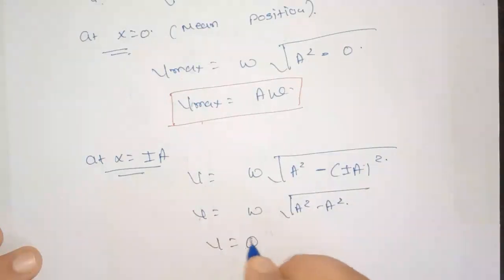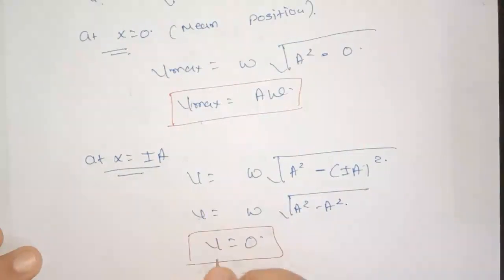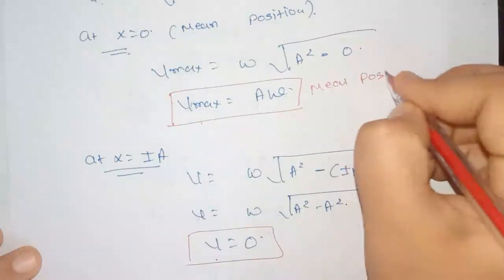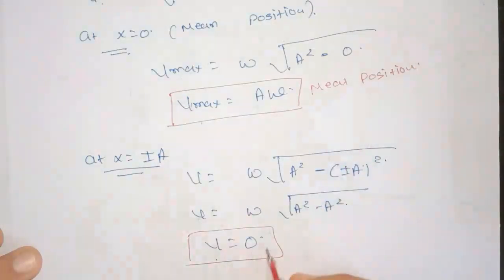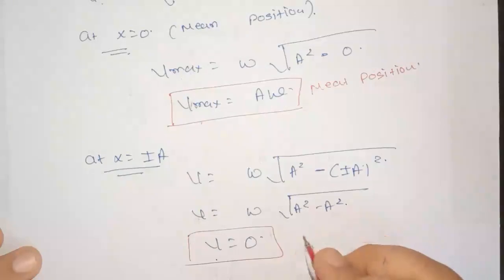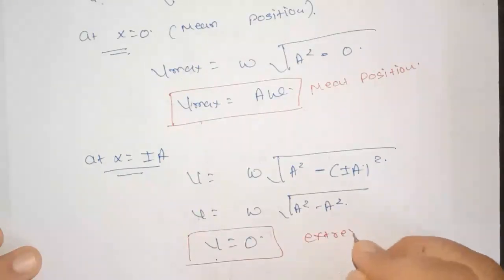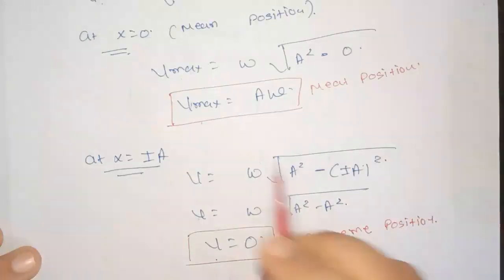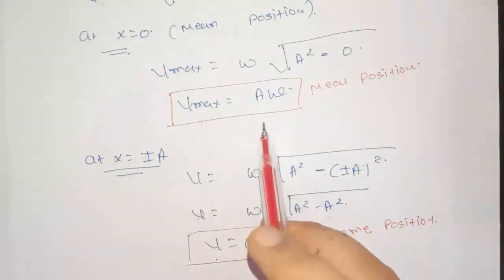So, V will be equal to 0. So, velocity is maximum at mean position and velocity is minimum, that is 0, at extreme position. This is the magnitude of velocity, that is speed.